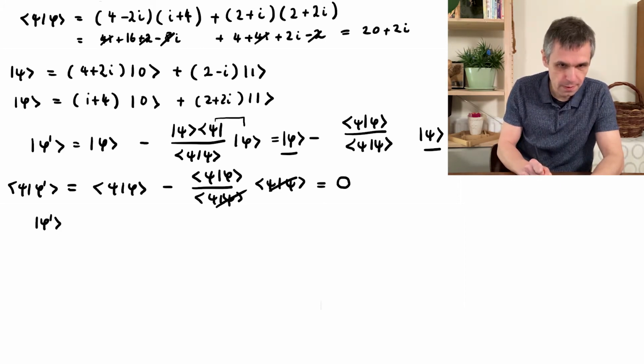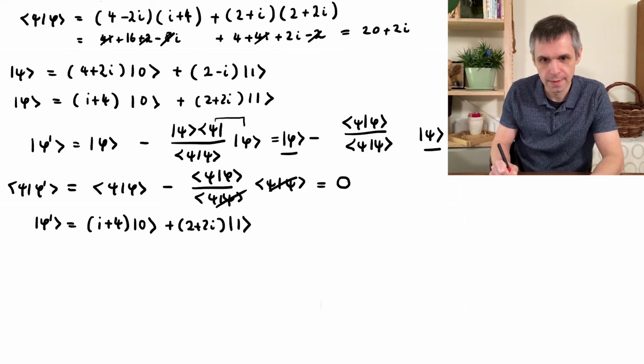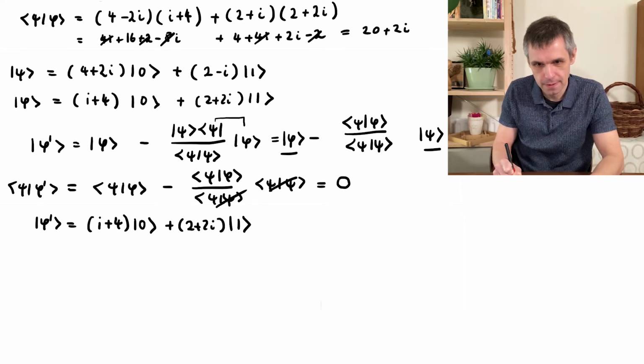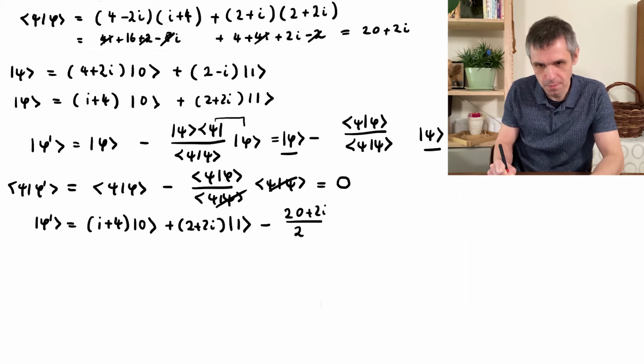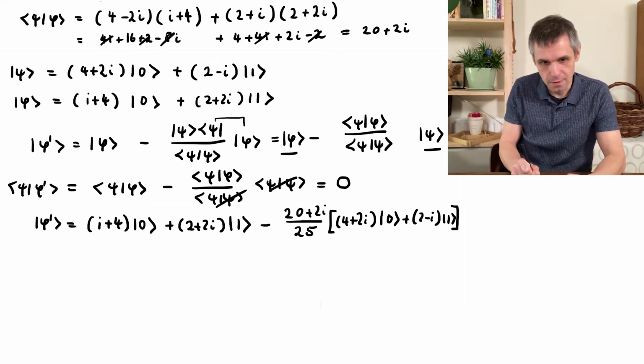So phi prime will be our original vector phi, and then we have this scalar product that we worked out, divided by the squared length of psi times the state psi itself. And then we collect all the terms in front of the 0, these terms here.